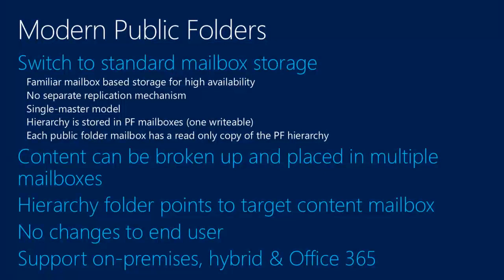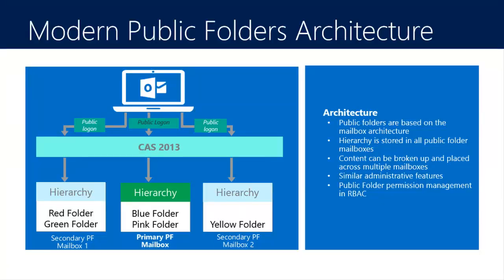So you don't have to worry about individual replication from the public folder standpoint, where we have that multi-master, various public folder mailboxes based on a hashing scheme that we use to redirect people. And again, as I mentioned before, they will chase referrals and go towards the content for a particular public folder.